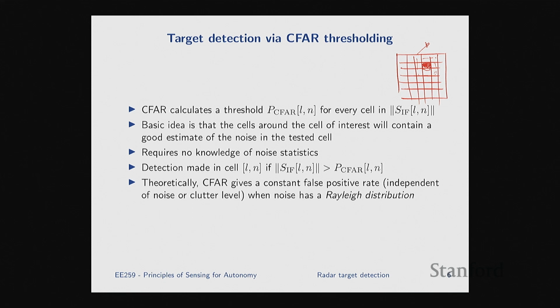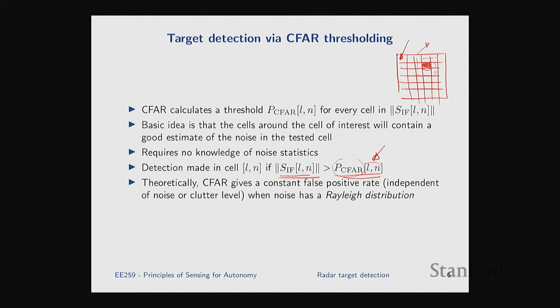So that's basically the idea. Instead of one global threshold for the entire Range-Doppler map, CFAR calculates a per-cell threshold, which is adaptively adjusted. For each cell, if the magnitude of the Range-Doppler value is bigger than the CFAR threshold at that cell, note that now our threshold is a function of the cell indices.